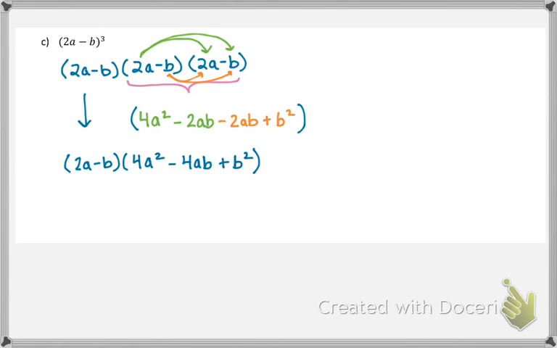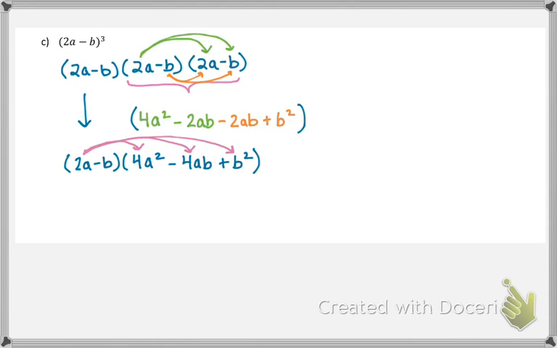Okay, and once I multiply two of them, now I can keep multiplying. So I'm going to do the exact same thing: 2a times 4a squared, 2a times negative 4ab, 2a times b squared. And again, if you want to do the area model, you can draw out a 2 by 3 grid.